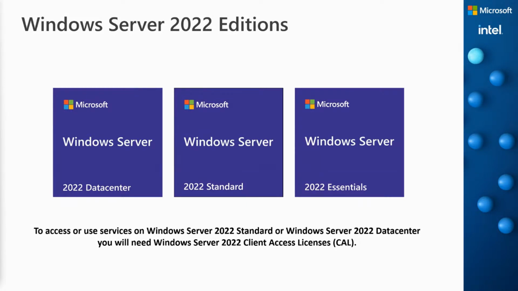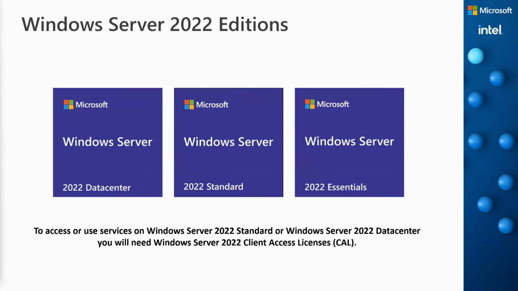This is a little bit tricky to understand, because when I buy Windows Server 2022 Essentials, for sure, regarding the licensing terms, I'm allowed to downgrade to Windows Server 2019 Essentials or Windows Server 2016 Essentials.